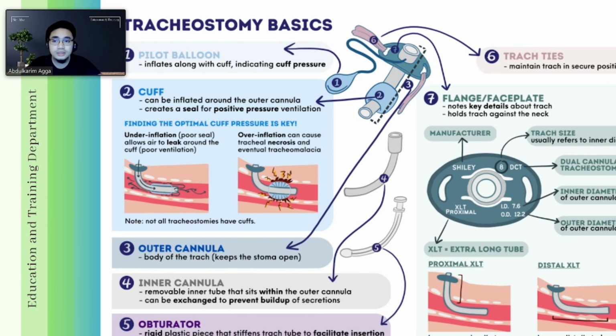So you have your tracheostomy basics here: the pilot balloon, the cuff, the outer cannula, inner cannula, obturator, flange, and faceplate. I believe this will be discussed by Miss Bonnie later in the next video.